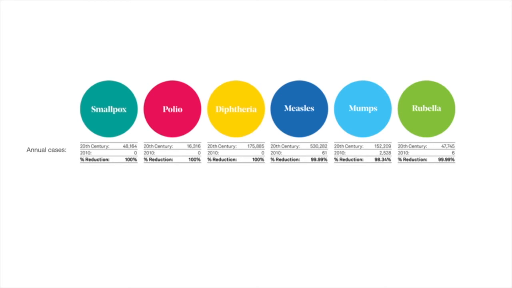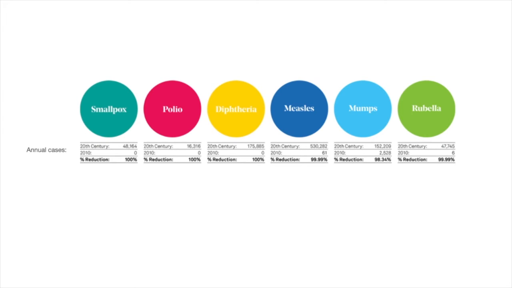The percent reduction is the bottom line in bold. Smallpox was reduced by 100%. The numbers on the top are how many people per year in the 20th century, on average, had cases of smallpox. It was 50,000 in the U.S. per year. 100% reduction after the vaccine was introduced.